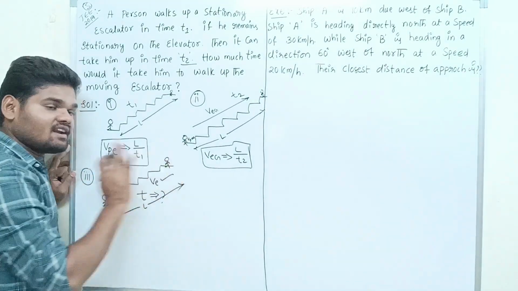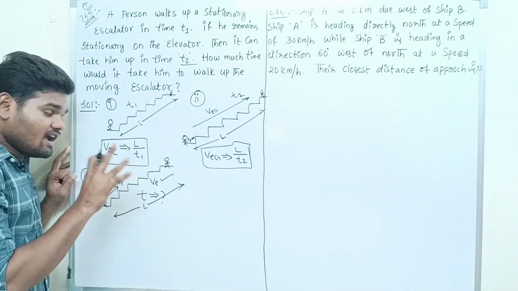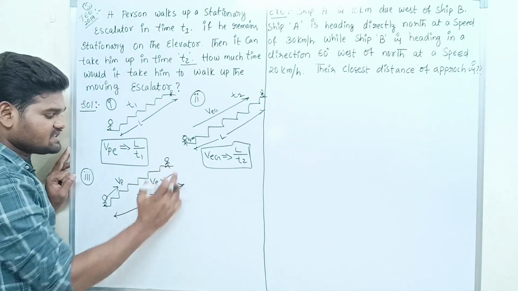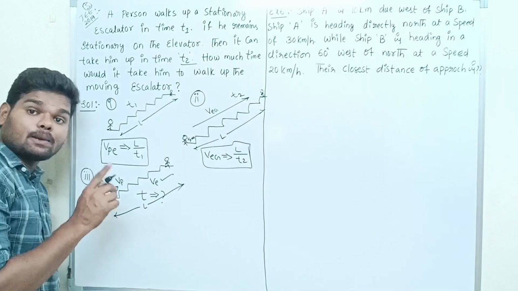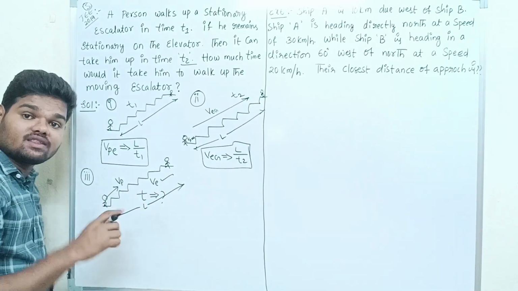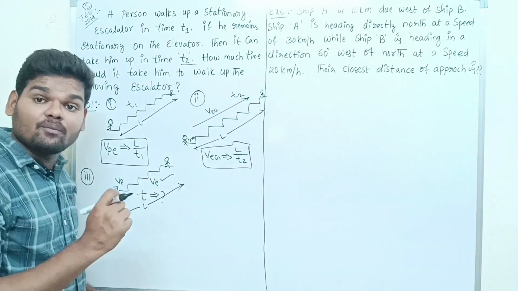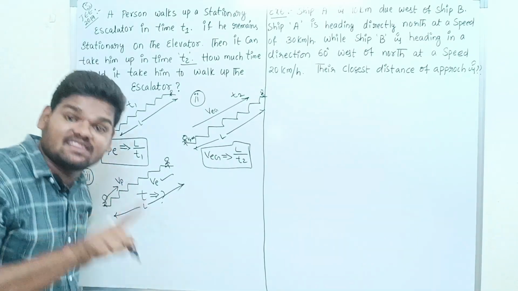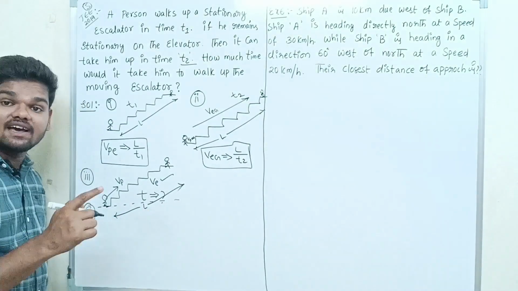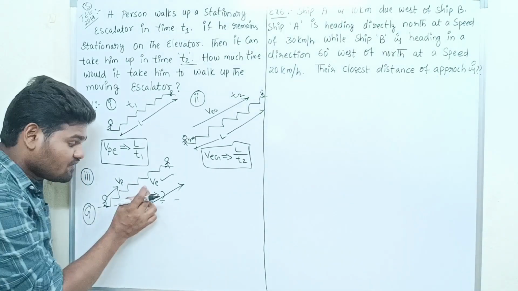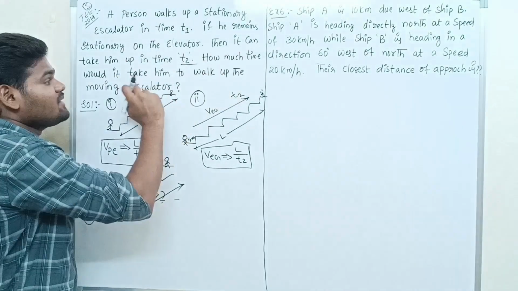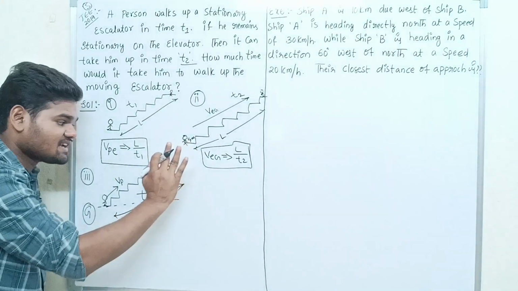What we have to find is the time taken by this person to cover distance L. Both are in motion with respect to ground. Now to find the time t.